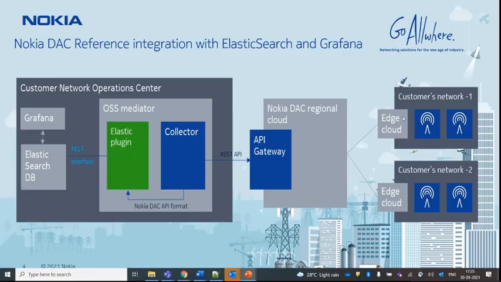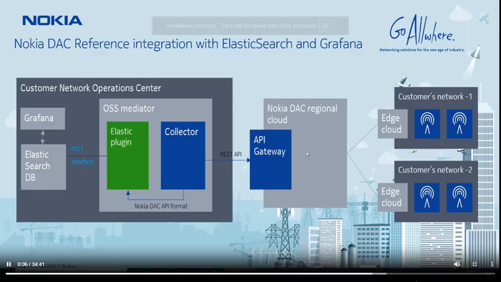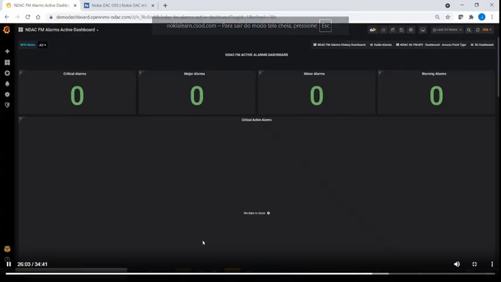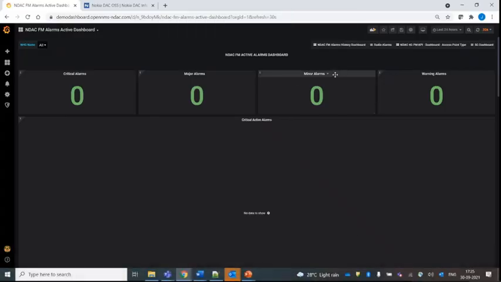In those cases, those alarms that are generated are available here, and those can be visualized in these dashboards. There are two different kinds of alarms that are available to monitor. One is the access point failure alarms, or the edge cloud failure alarms.